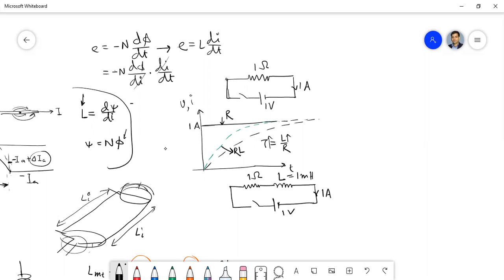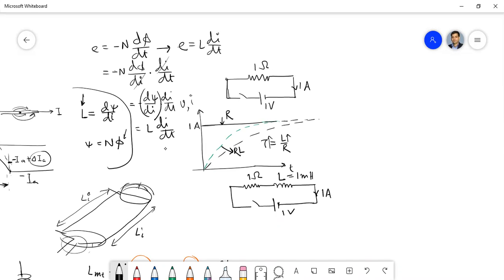So from this expression, you see this is basically minus dψ, because Nφ will be inside. So dψ/di di/dt. So that means we are getting L di/dt. See, this dψ/di is the definition of inductance. So this is how inductance is defined.